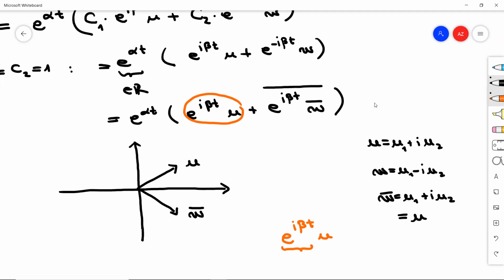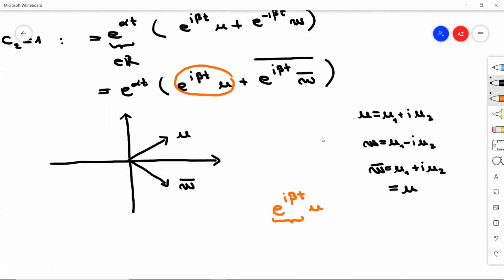The absolute value of this coefficient is always 1, because it's e to i times something real. So we are only rotating the vector u around the origin.